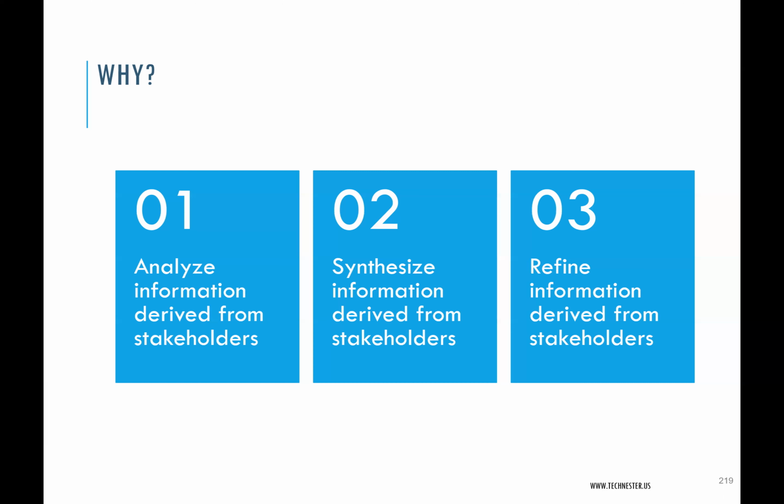Okay, so even besides contradictions, this is the point where the business analyst analyzes all the information, synthesizes it, and makes sure it represents the business need and makes sense in terms of the solution we want to develop. Can we get a clear-cut solution from them? And so the business analyst refines these raw requirements that they have derived from stakeholders.